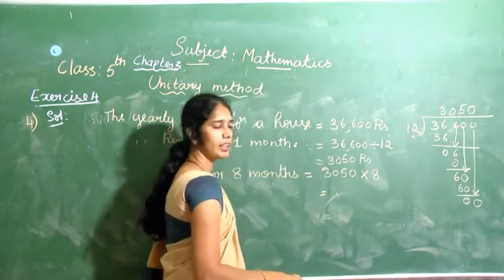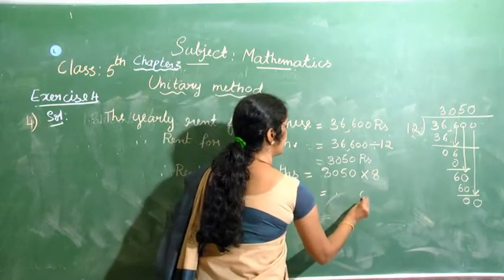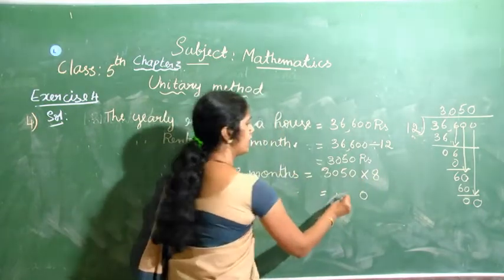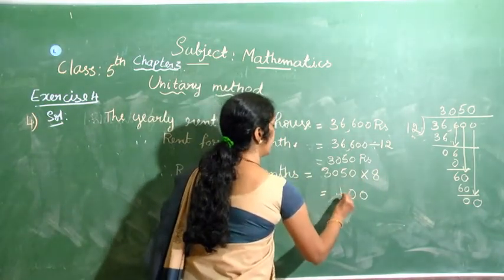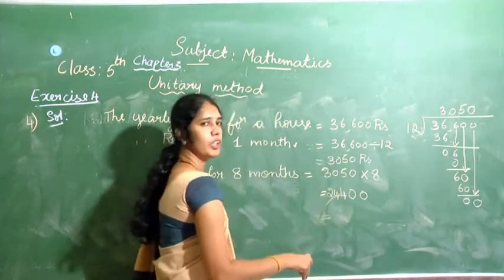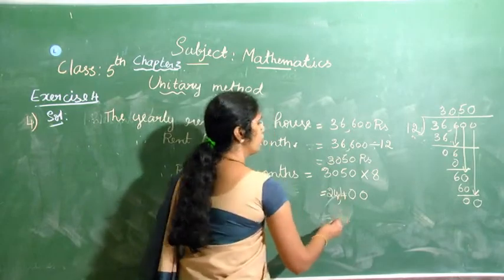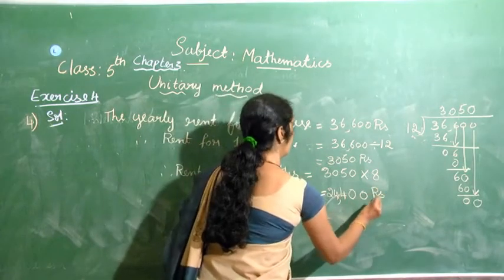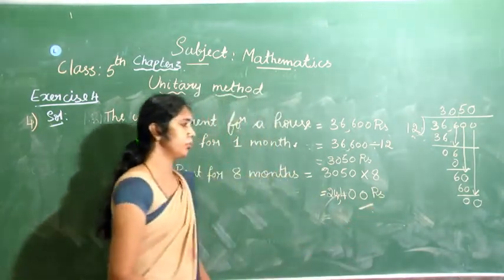What will I get here? 8 zeros are 0, 8 fives are 40, 8 threes are 24. So 24,400 rupees for 8 months.